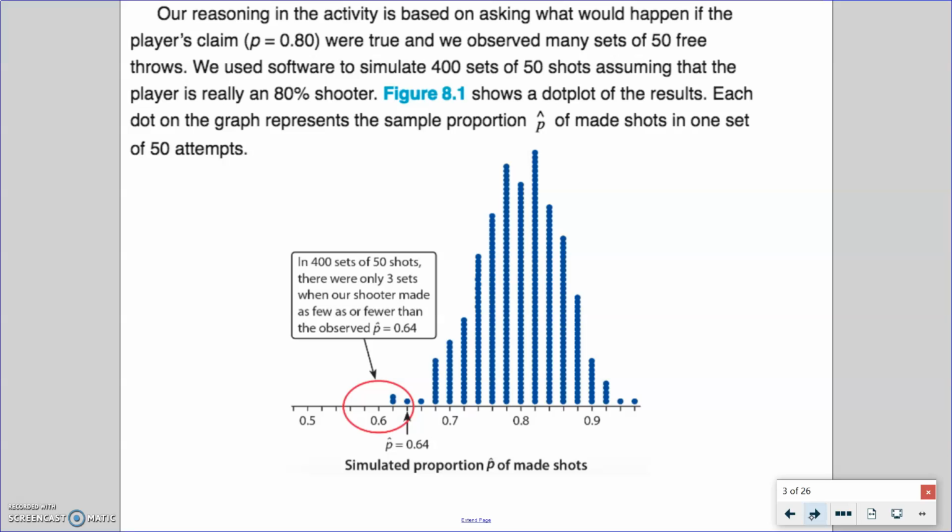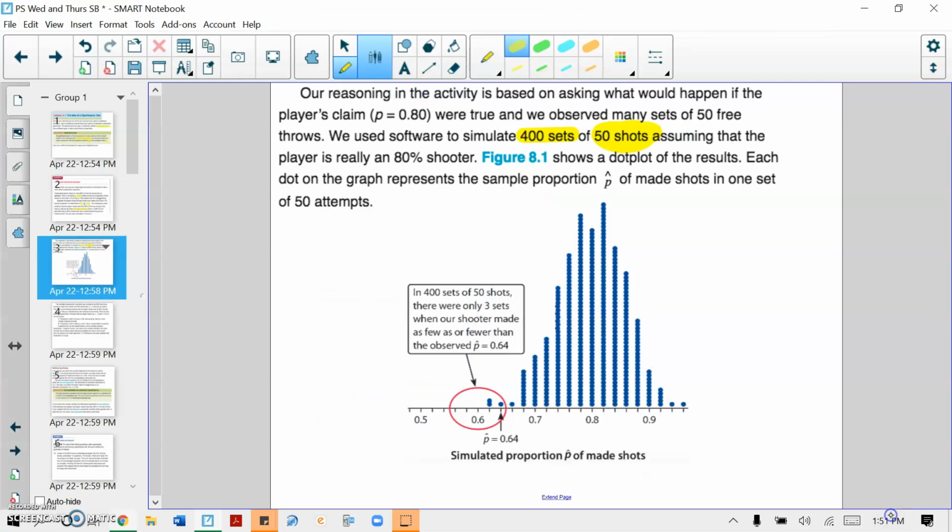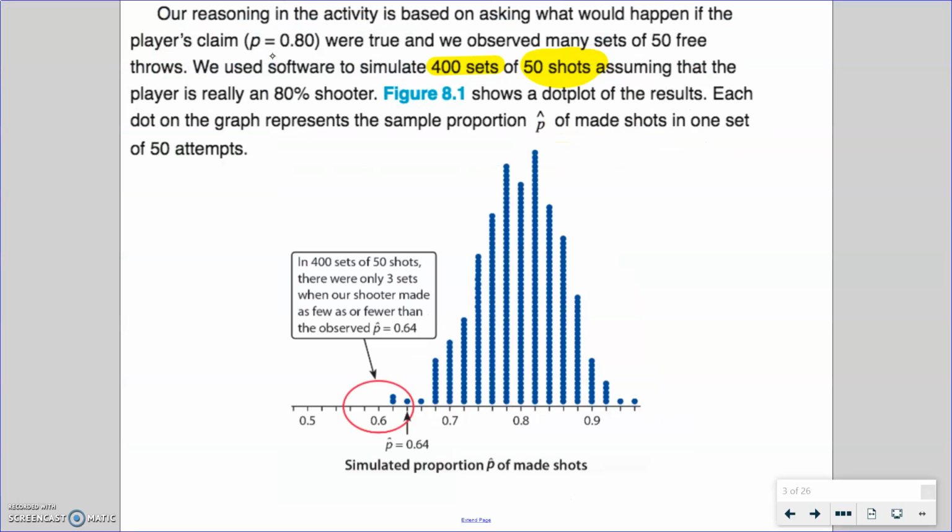Here's an example where they used software to simulate 400 sets of these 50 shots, okay? Our set of 50 shots was 0.64, right? So 0.64, looking at the scale, is right about this spot here, okay?